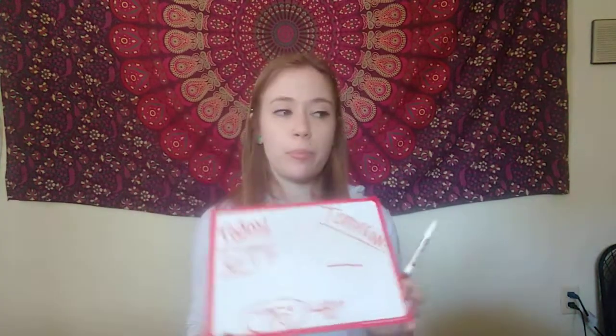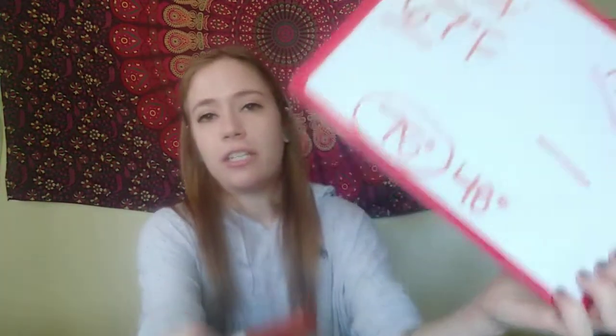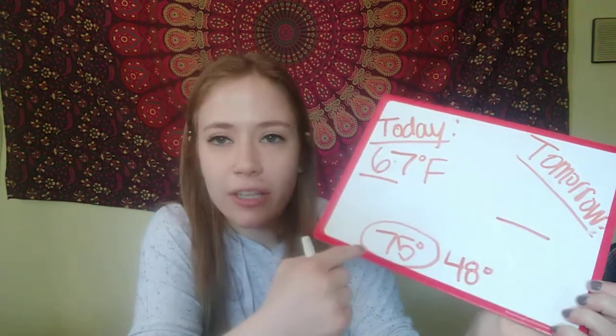So yeah, 75 is the bigger number, and it's closer to 100. So this is our expected temperature high for tomorrow, for Wednesday. So I'm going to go ahead and write 75 degrees Fahrenheit for tomorrow, because that will be our high.